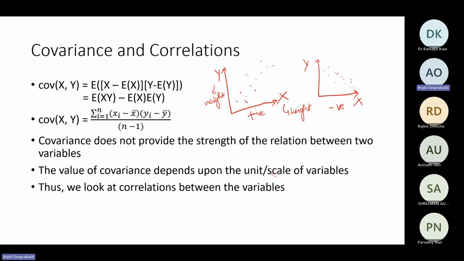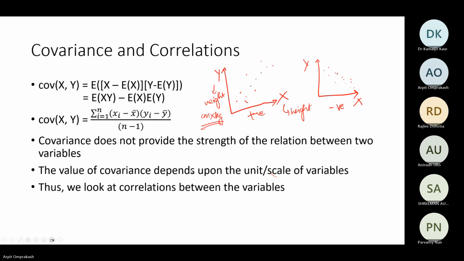The units will be, let's say, height in centimeters into weight in kg. So the covariance value that we'll get is in centimeter into kg. If we were to measure heights in meters or feet and inches, or measure weight in grams, then the value of covariance in our data will also change because it depends on these units.